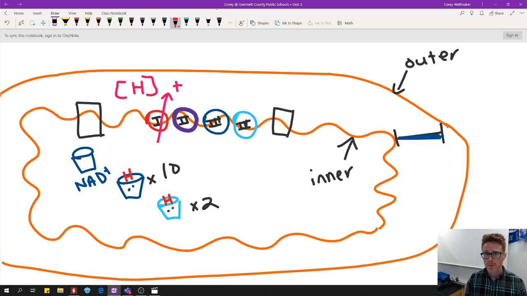It's not coming from some pre-existing ion gradient. It's coming from the energy that the electron is losing as it moves from one complex to the next. I don't think complex 2 technically pumps protons, but all of these complexes, I think with the exception of complex 2, are going to use the energy of the electrons to pump hydrogen ions against their concentration gradient.